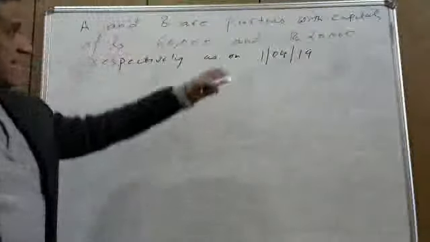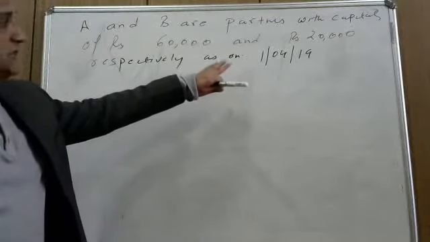It means the accounting year is from 1st April 2019 to 31st March 2020.